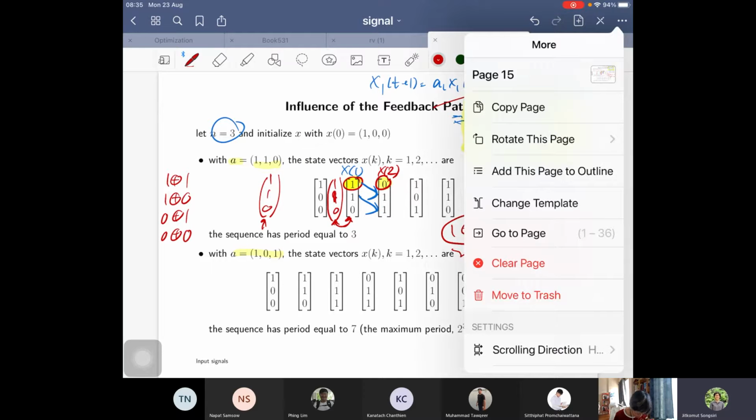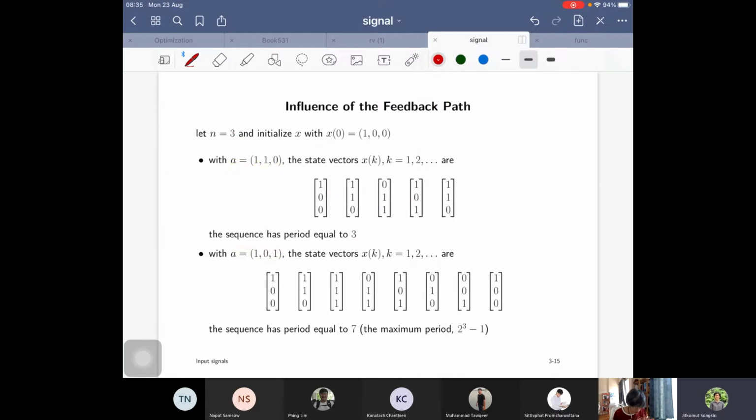Okay, I'm gonna delete the whole thing, and we just compute according to this manner until, can you observe that this is the initial step, right? This is the first step, second step, the third step, and at the last step is 1 1 0, and for the fifth step we're gonna repeat.